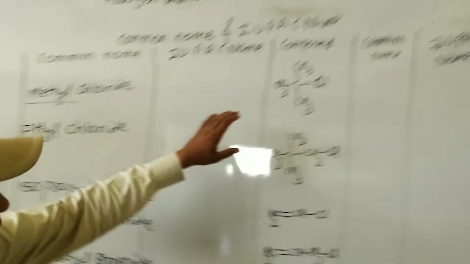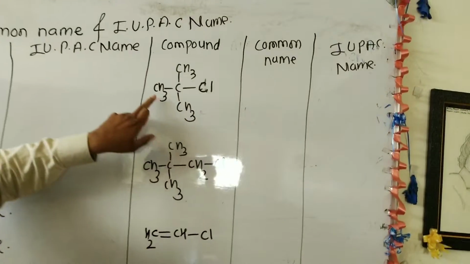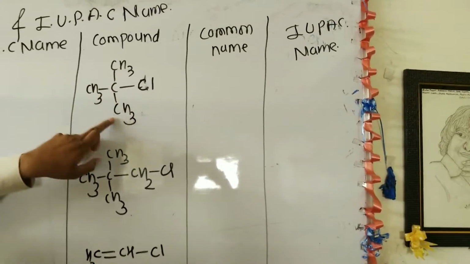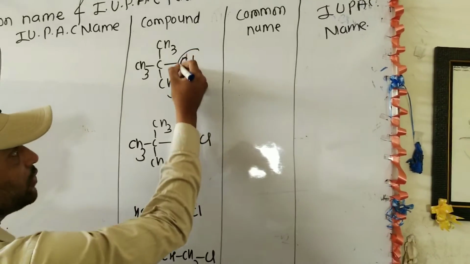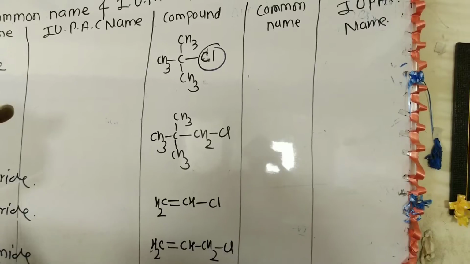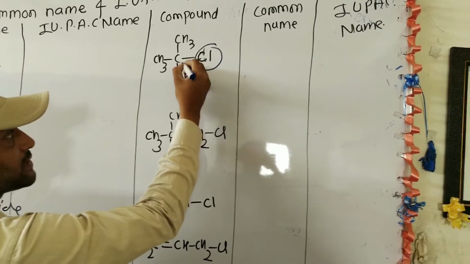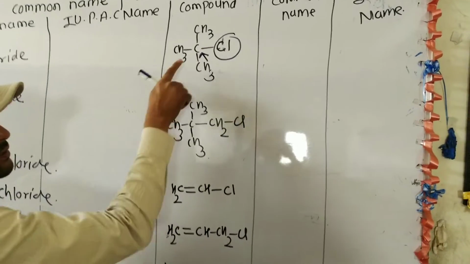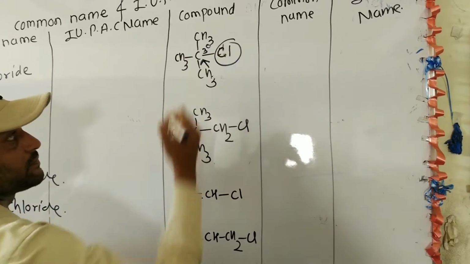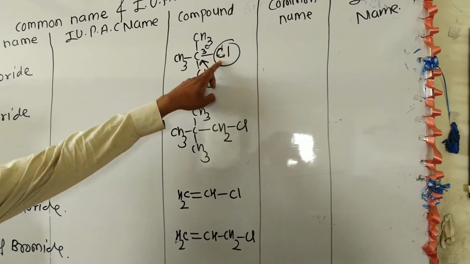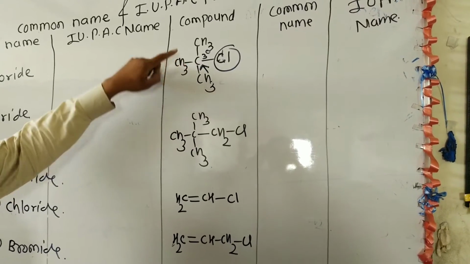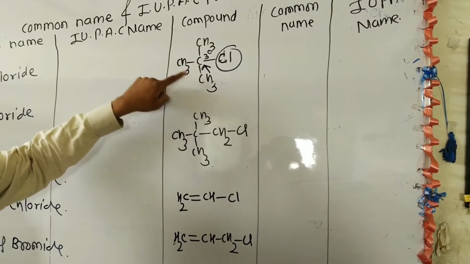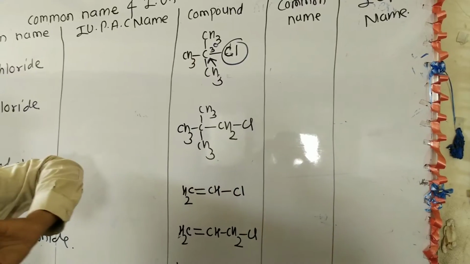Likewise, our next compound, (CH3)3CCl. Look at here, halogen attached to this carbon, which is a tertiary carbon. Tertiary carbon is that carbon to which three different or same carbons are attached.